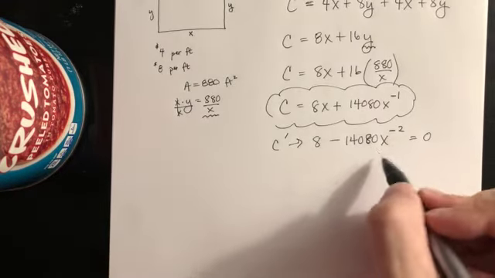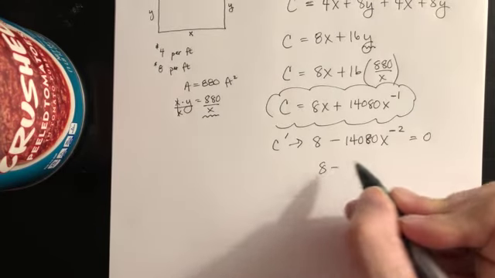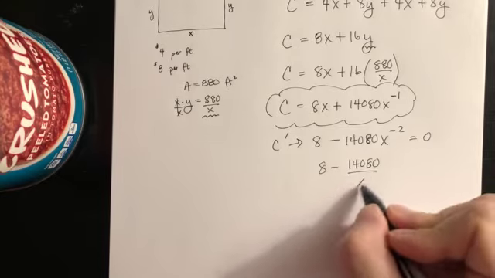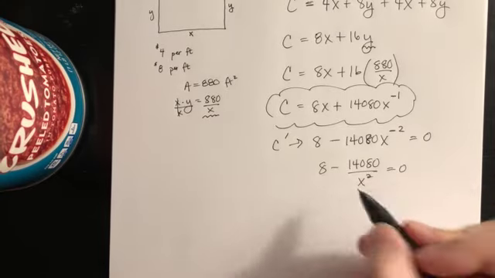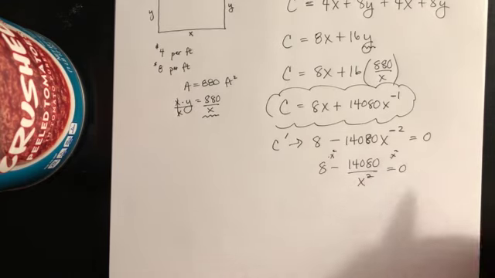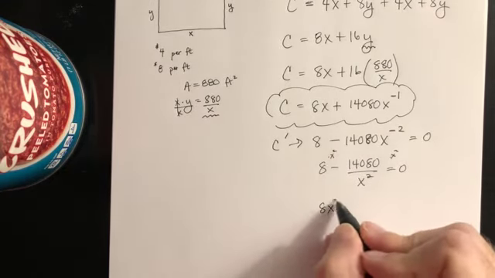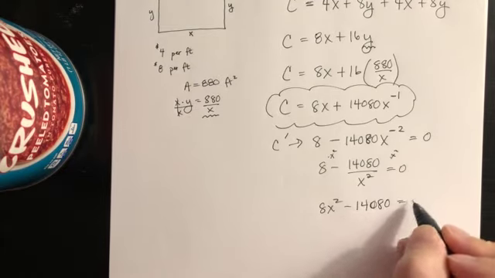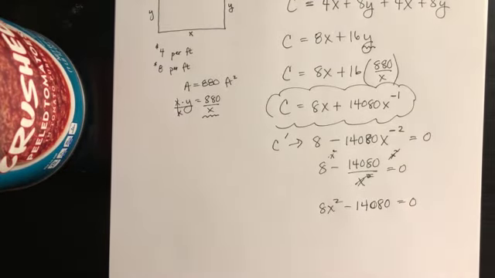All right, so I got to make this x squared in the denominator is what I'm trying to say. And then I'm going to multiply everything by x squared. So times x squared times 0. So it's 8x squared minus 14080 equal to 0. Right? These cancel.